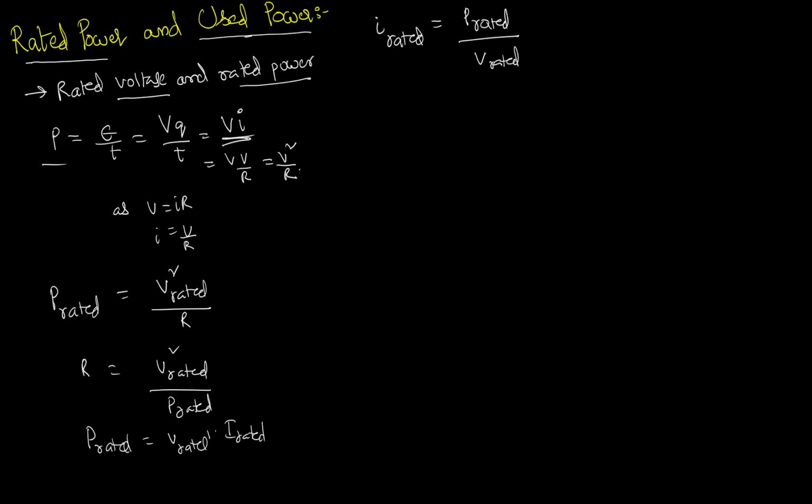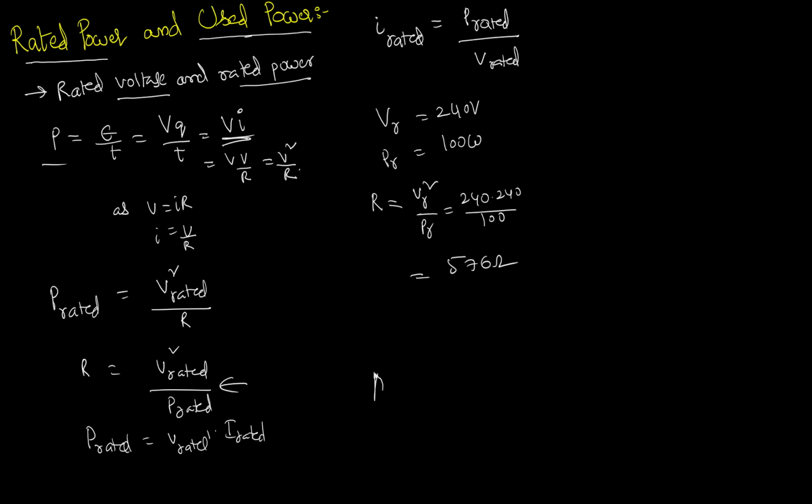So if someone says there is a bulb of voltage rated 240 volts and power rated 100 watts, we can calculate its resistance using the formula voltage rated square by power rated, that is 240 into 240 by 100. If you calculate, you will get 576 ohms.